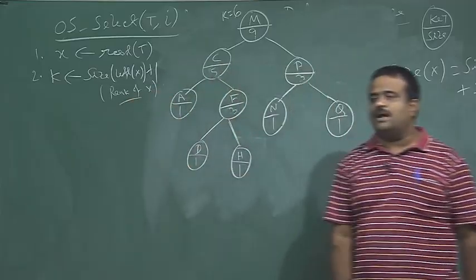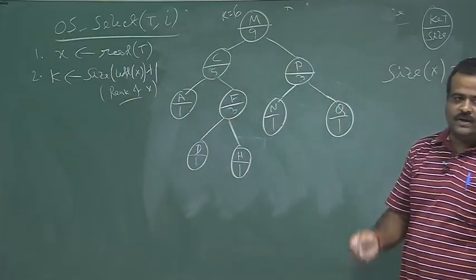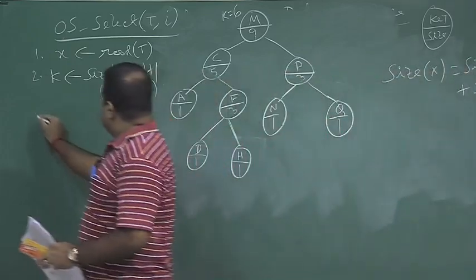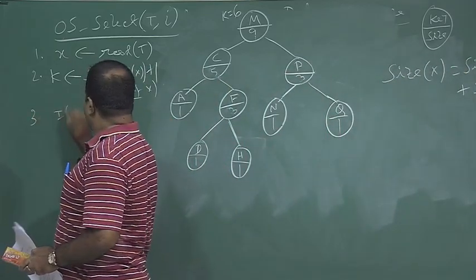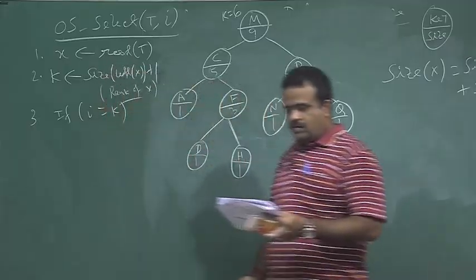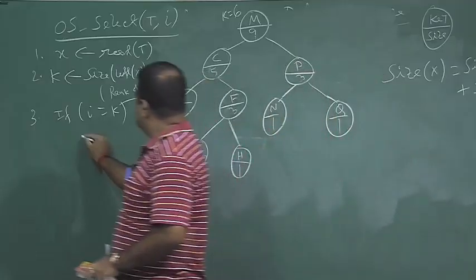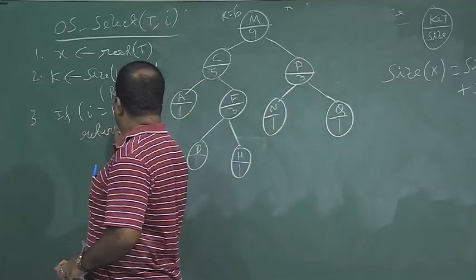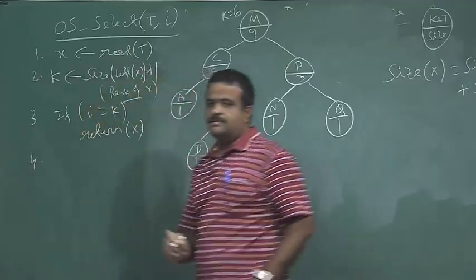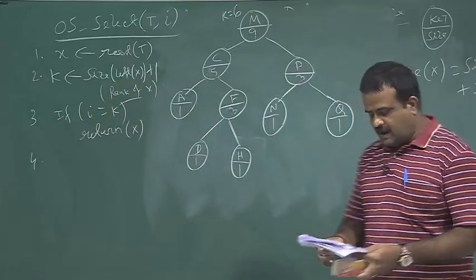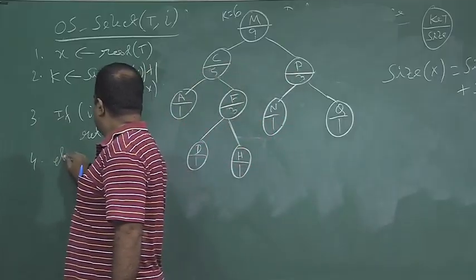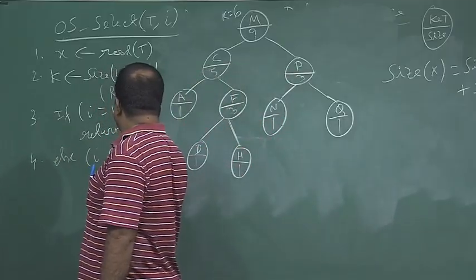Now, we are looking for the ith smallest element, meaning we are looking for an element whose rank is i. So, now the code is similar. If i is equal to k, what do we do? We return the x, else if i is less than k, what do we do?